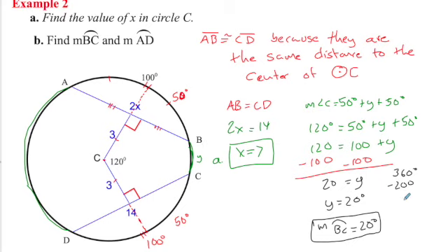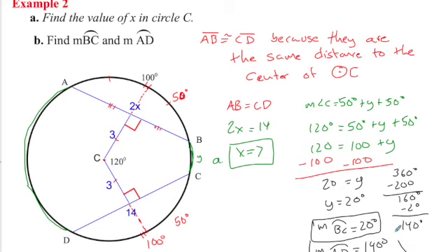And that's just 160 degrees. And then I'm going to also subtract off y over here, so subtract off another 20 degrees, and I get 140 degrees. And that happens to be my other arc, the measure of arc AD is equal to 140 degrees.